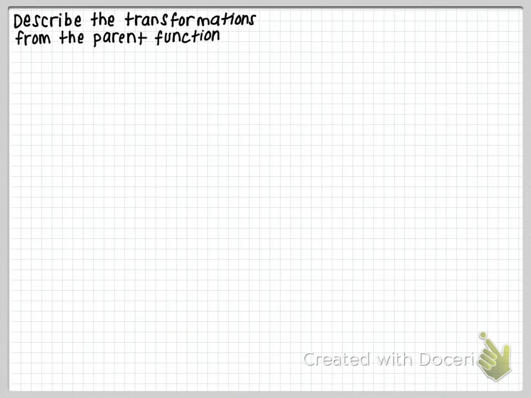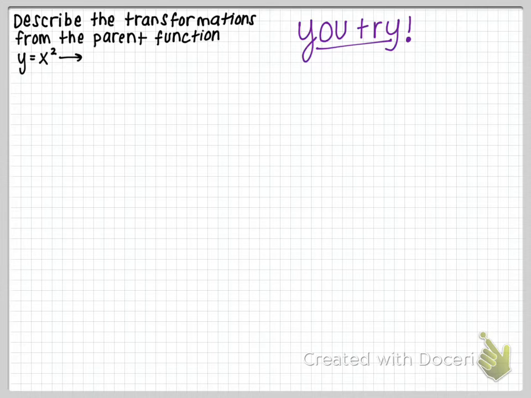Cool. Okay, this next one I want you to try. Describe the transformations from the parent function. I need to see this. Either right now, you can raise your hand when you're finished, or you can show me right after your notes, but I need to see this before we get on to the homework, okay? I'm going to be coming around and checking. So I want you to try this just to make sure I know that you're on the right track. If you have any questions, ask me, okay? I want you to describe the transformations exactly like we did before.